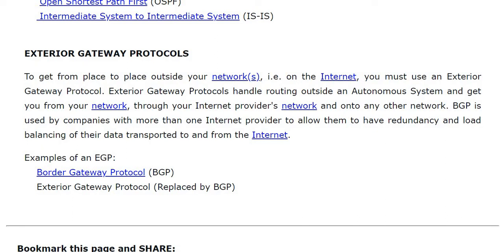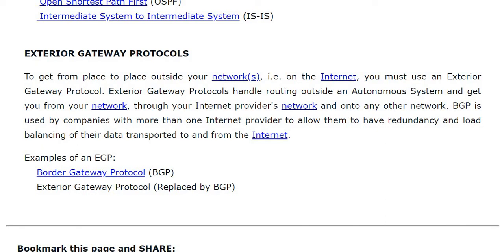So interior means inside the network. Autonomous means it has its own administration inside the network, inside the routing network.